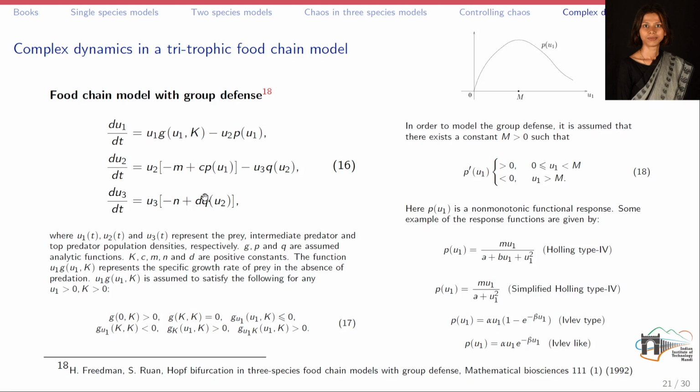Now this is another model that we have studied. This is the basic backbone of the mathematical model that we considered, which was given by Freedman and Ruan. Here we tried to see the effect of group defense on the model, and also how to incorporate group defense in the mathematical model.